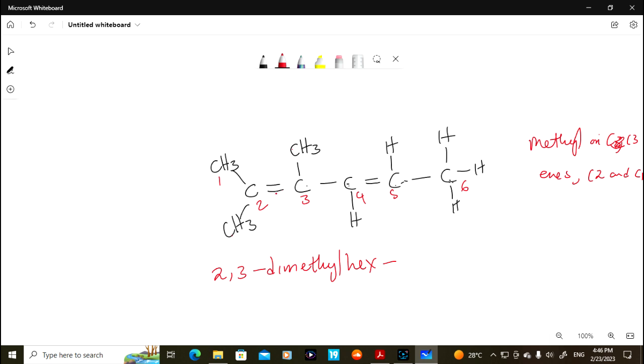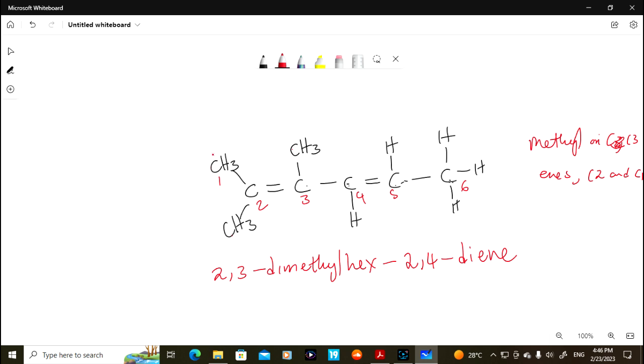Now, how many double bonds do we have? We have 2 double bonds. So dash, let's put their numbers. We have a double bond on carbon number 2, and carbon number 1, 2, 3, 4, carbon number 4, 2,4-diene. So this is the name of this molecule.